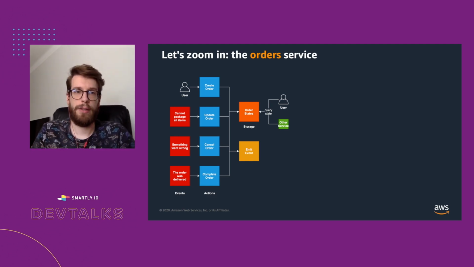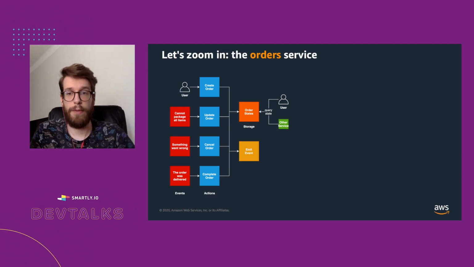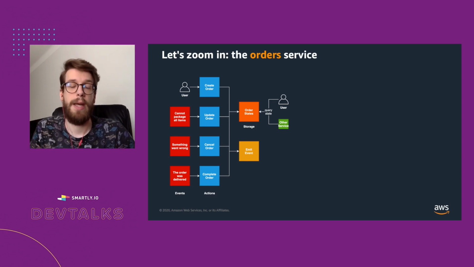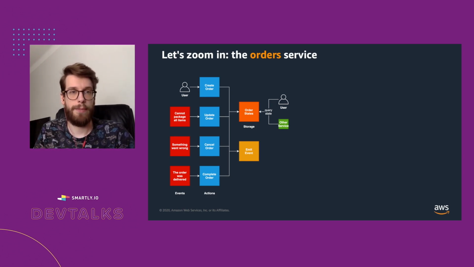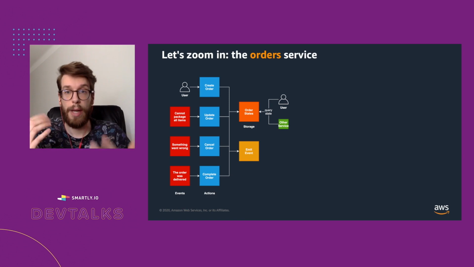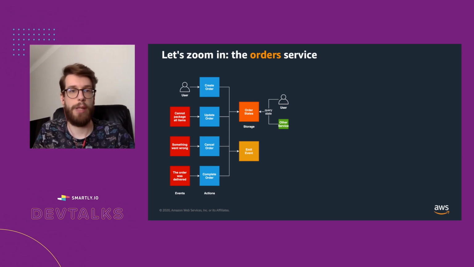And out of these actions, we should either emit an event again, so if other services need to consume it. Let's say when an order is created, the warehouse service needs to know about it, so they can start packaging that. We also need to persist that data, because users or other microservices might want to query and know what's in that order, what's the status, and so on.